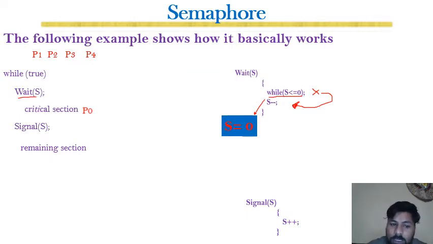Now P0 is processing in the critical section, and at this moment, for example, P1 and P2, two more processes, want to enter the critical section, and for example they enter the system simultaneously. So both of them will have to execute the wait function. But as we said, wait is an atomic operation, so at a time only one process can enter.